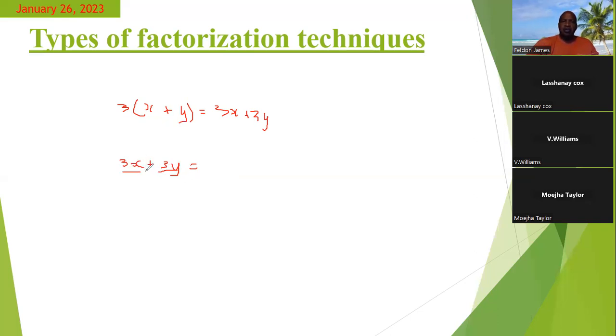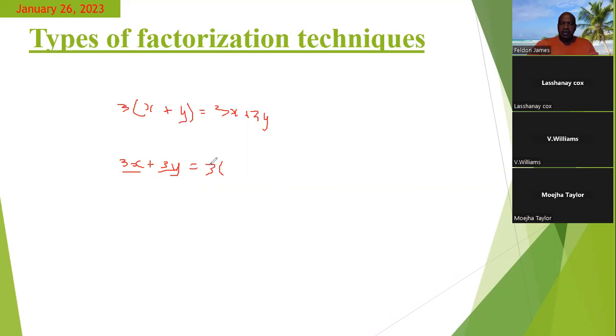Right. So the 3 here is a common factor. So what we generally do when we're factorizing is search for the common factor. This is just one technique. You pull out that common factor from the expression, you write it, then you open your brackets.